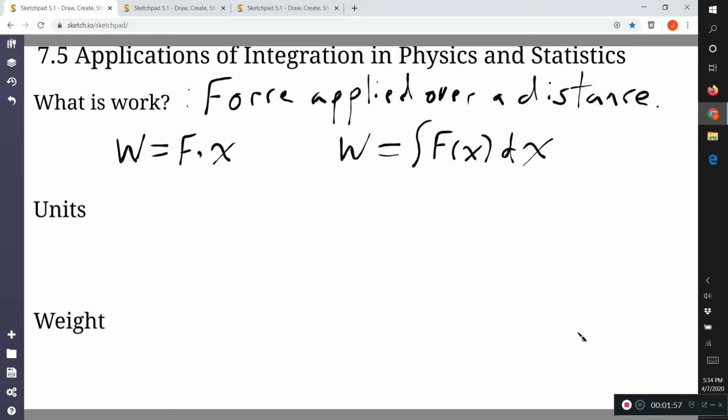Now the units for force are a newton, or a pound if you're in the English system. So the units for work are typically measured in newton meters, which is also known as joules. And in the English system, it's typically feet times pounds, and it's literally just called a foot-pound.